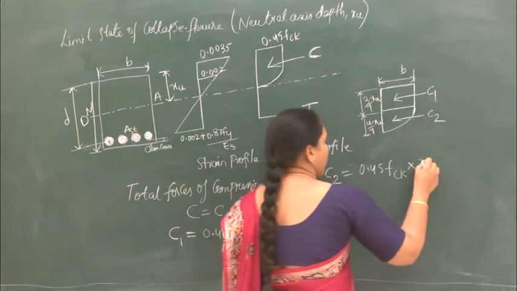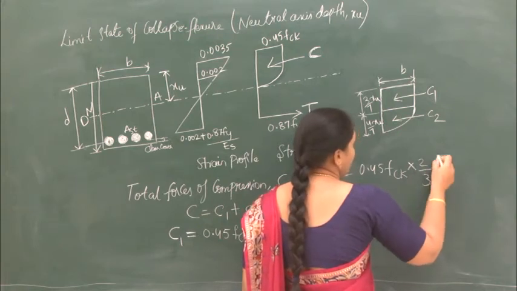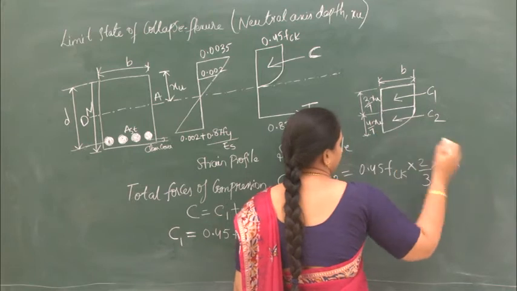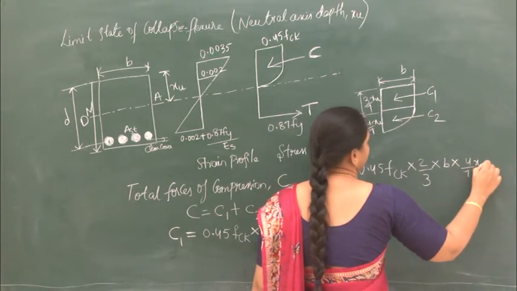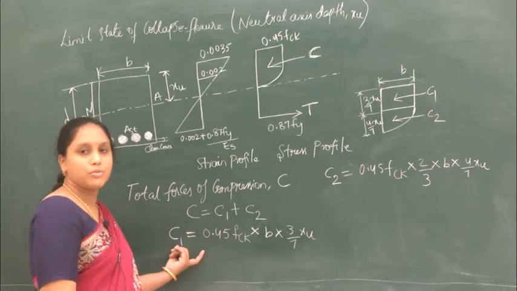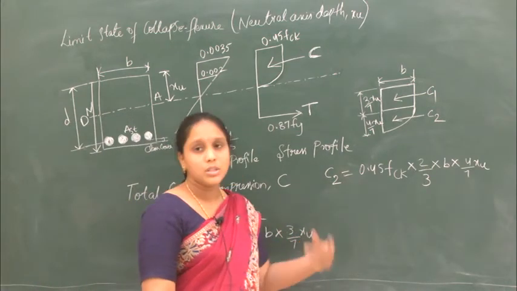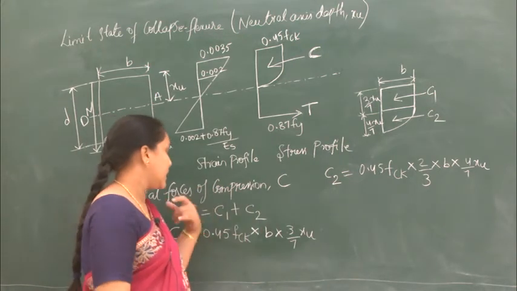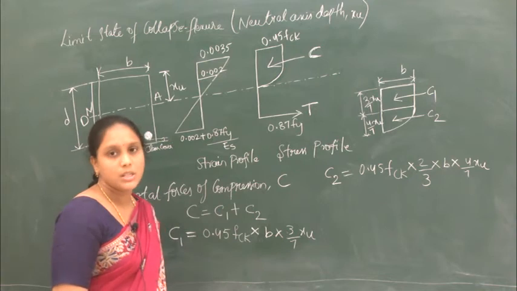The area of a parabola is 2/3 base B into height, and the height here is 4/7 xu. Now we have the compressive force C1 and the compressive force C2. The total compressive force is C equals C1 plus C2.